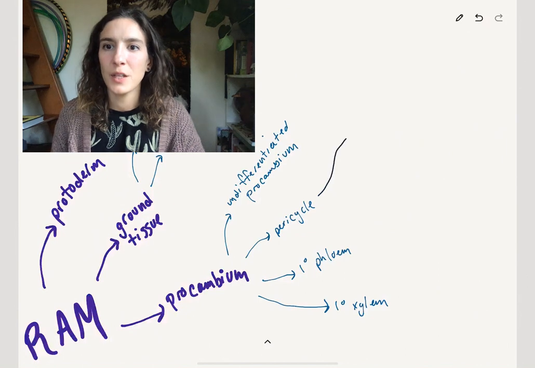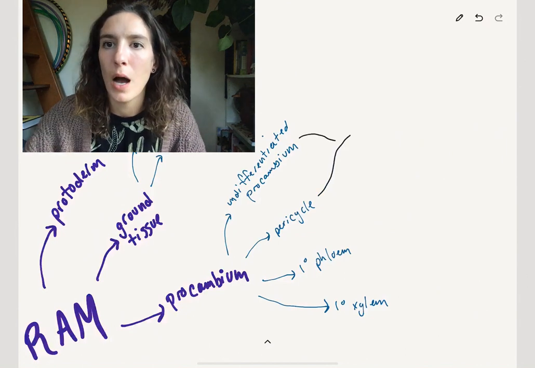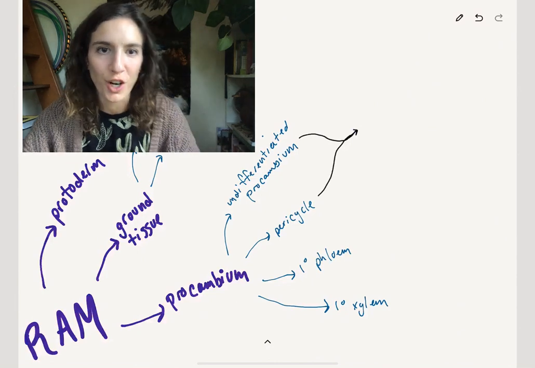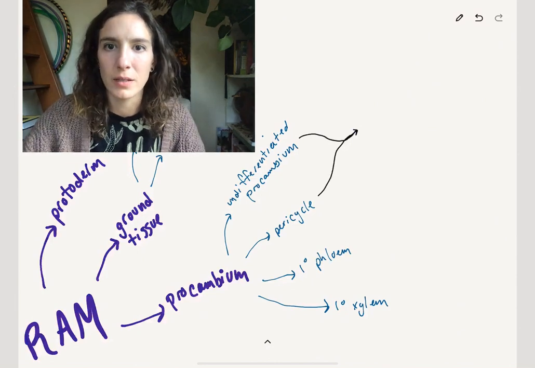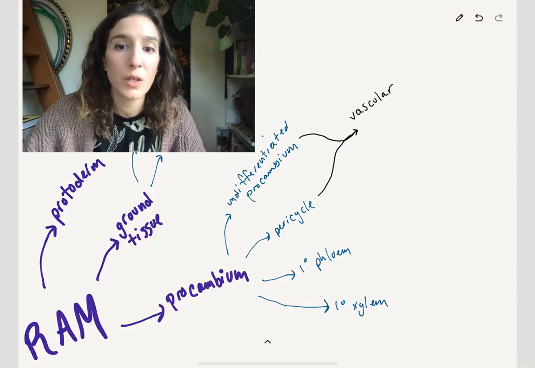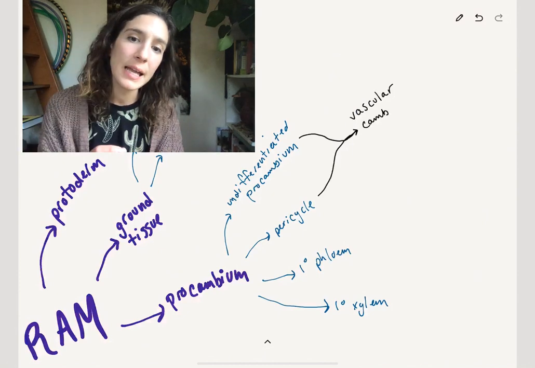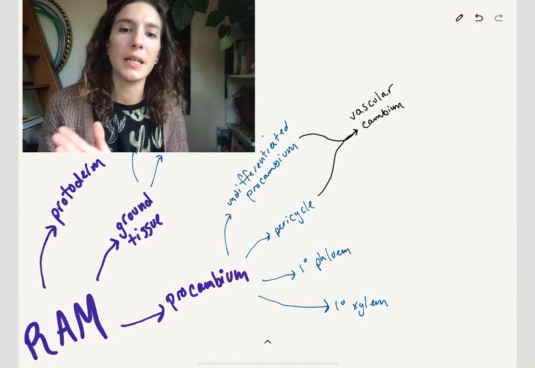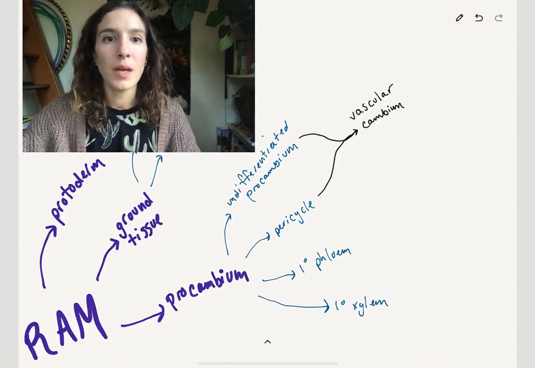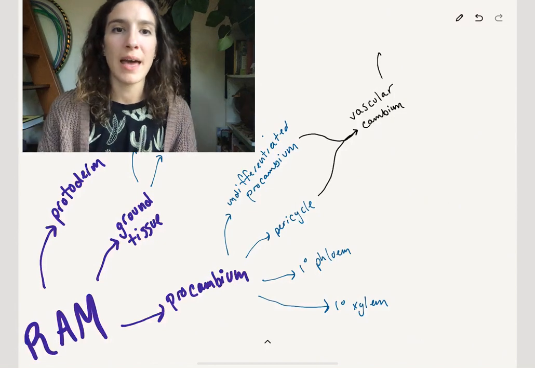All right, let's take that new information and add it to our diagram, our flowchart of development. The vascular cambium that we just learned about is derived from 2 different types of cells. It's derived from pericycle and from undifferentiated procambium. The vascular cambium is then the new meristematic tissue.